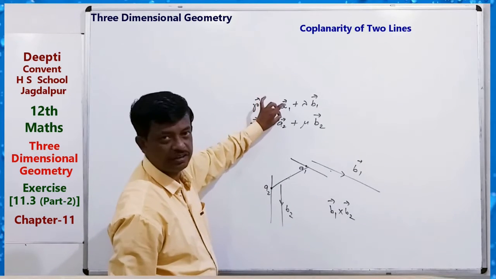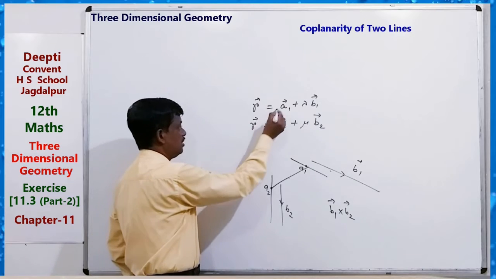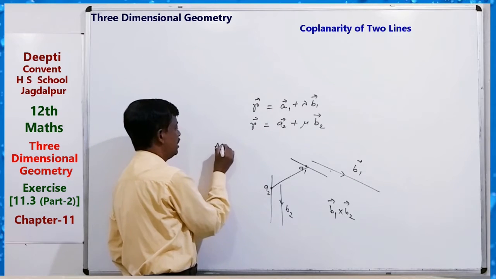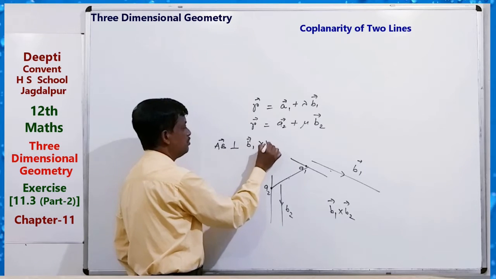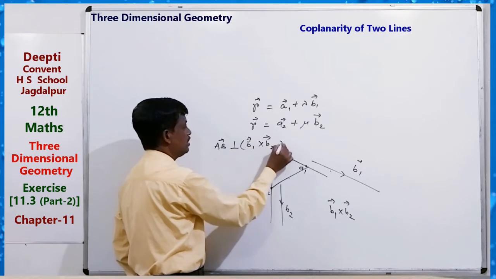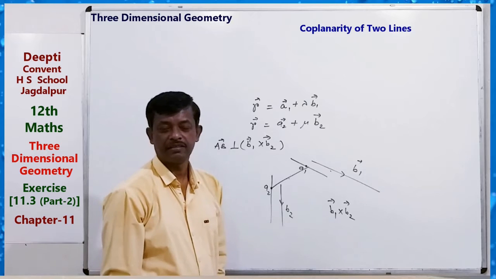Joining these two points gives the vector AB, which is perpendicular to b1 cross b2. Clear?